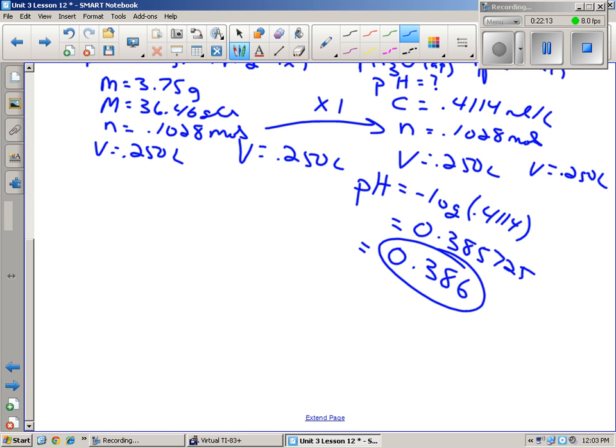I'll show you the next one where it's a little bit more relevant. 0.386, after the decimal, 3, so 3 concentration, 3 after the decimal, okay? That is nothing more than concentration of individual ions with one extra step at the end where we took the negative log, the pH, to find the pH of the concentration.